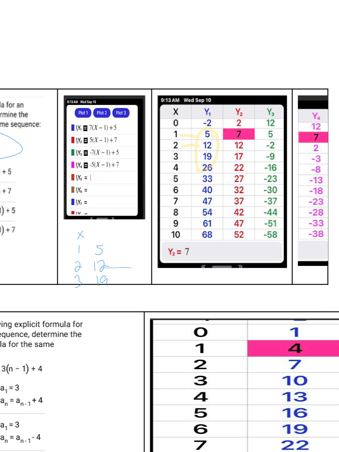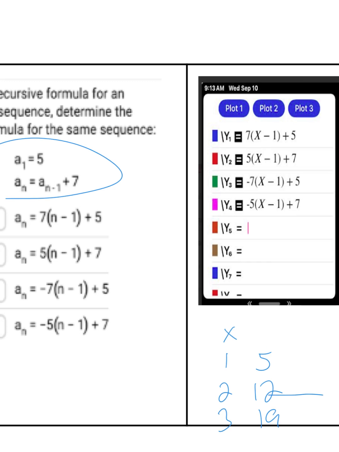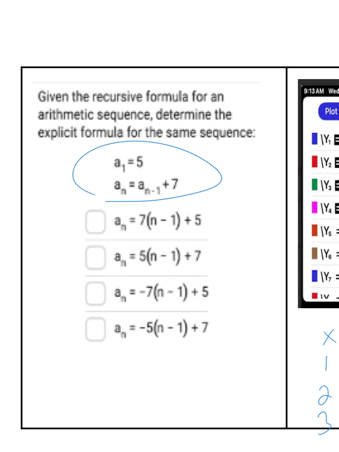Okay, so now let's look at the equation. So y1 is our answer, and y1 has the 5 on the outside. So the 5 was what on our problem? 5 was the a sub 1, the first term. So that a sub 1 is right here and right here.